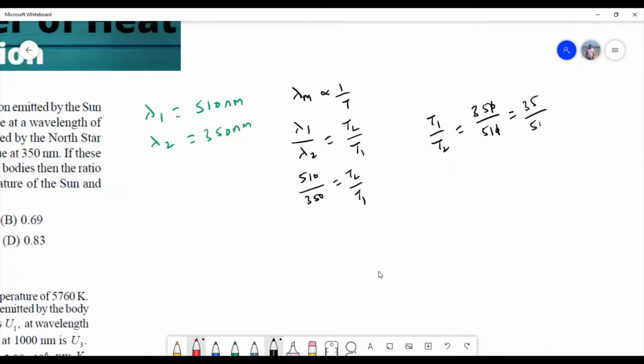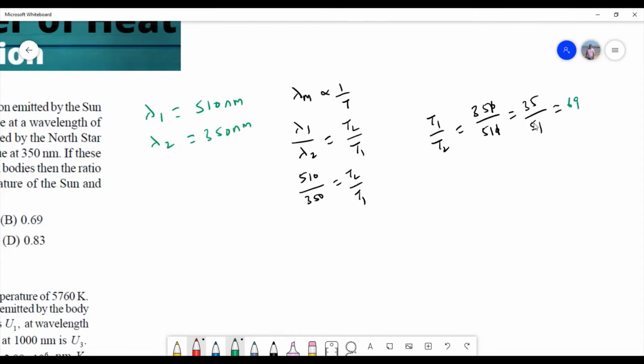This is 35 upon 51, which is nearly 0.69. Because if it is 350, 50 will cancel by 7 times. So 35 by 51 is nearly 0.69.